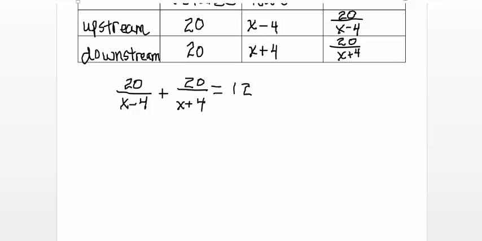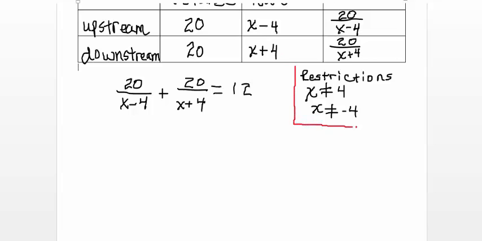So this is a rational equation. Whenever we solve rational equations, we discussed this earlier in the course, we have to look at restrictions. We have to leave out values of x that will make either denominator 0. So x can't be 4 because that makes the first denominator 0. x can't be negative 4 because that makes the second denominator 0.